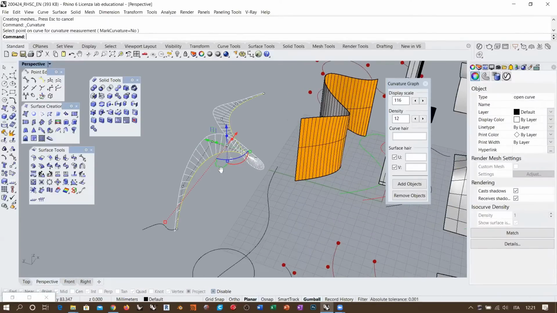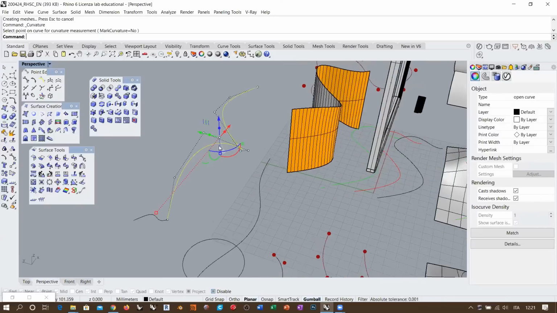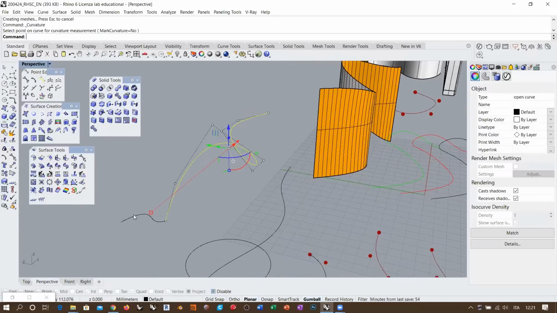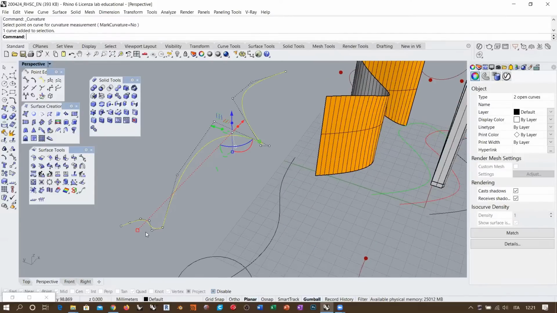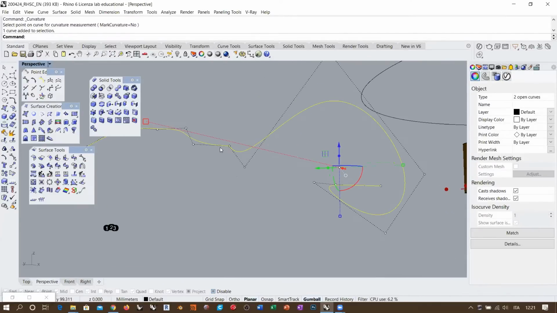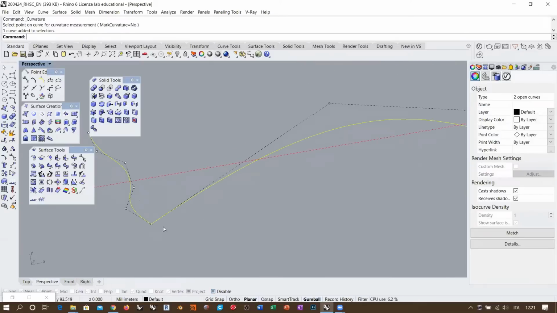So the fact that this curve twists along the path means that the cross-section, the sweeps normally are programmed to maintain the same relation between the cross-section and the rail. So for example, if this curve connects to the rail more or less at 90 degrees, then all the sweep will maintain all the isocurves connected at 90 degrees to the sweep rail.